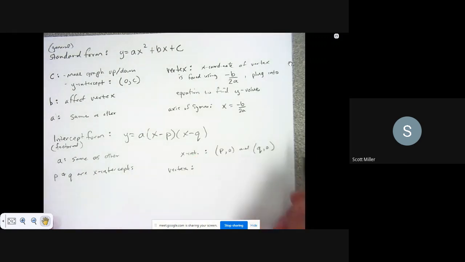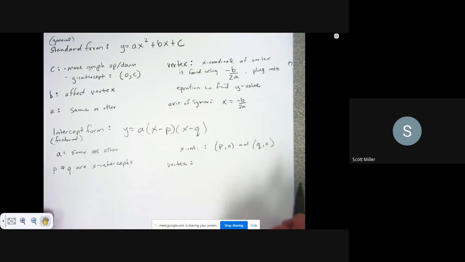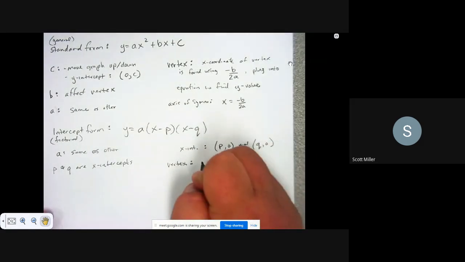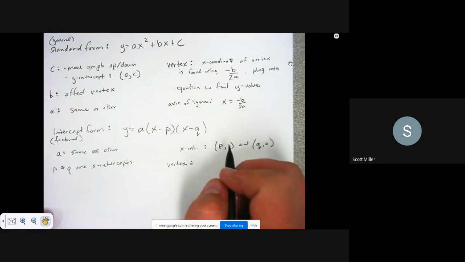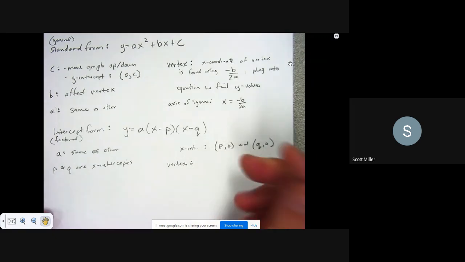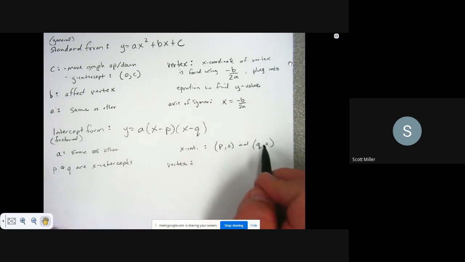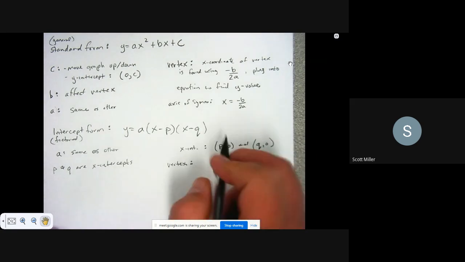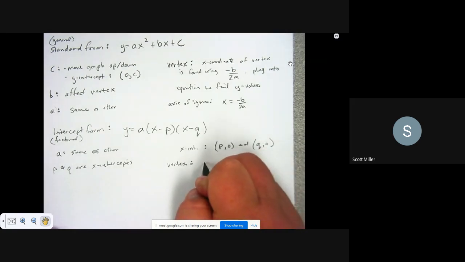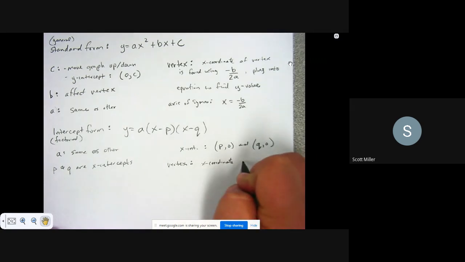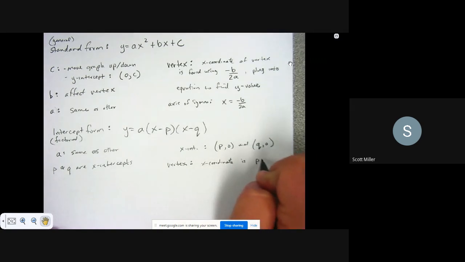Okay, it was kind of hard to see in there, but here's how we find it. Just like this one, it causes a little bit of work, but because of the symmetry of the graph, the axis of symmetry and all, these things are the same distance from the vertex. Okay, and so that means the x-coordinate of the vertex is the average of the two x-intercepts.